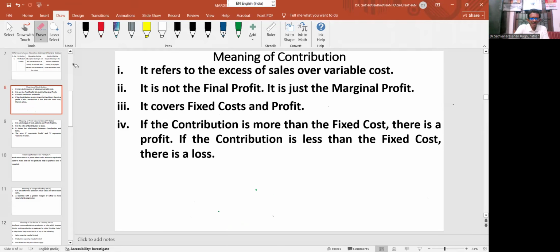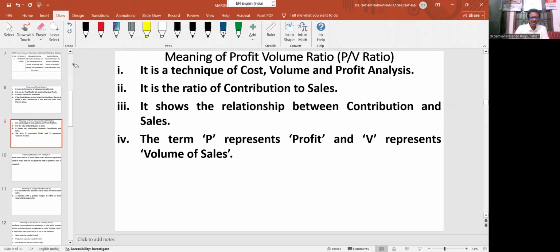Now shall we move on to the next? Profit volume ratio. It is shortly referred to as, acronymed as, PV ratio. P stands for profit, V stands for volume of production. So here, profit volume ratio is the technique where three components are available: cost, volume, profit.